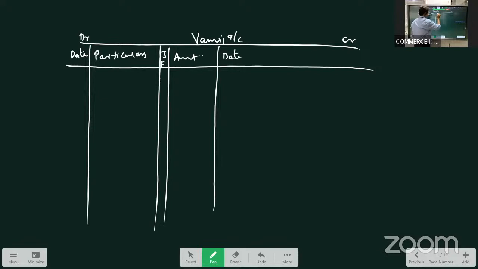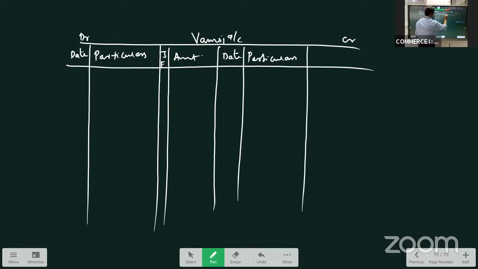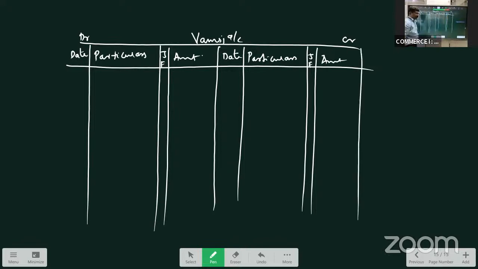Date, particulars, JF, amount. Ready with the format?